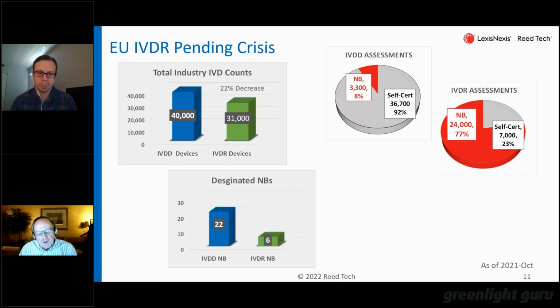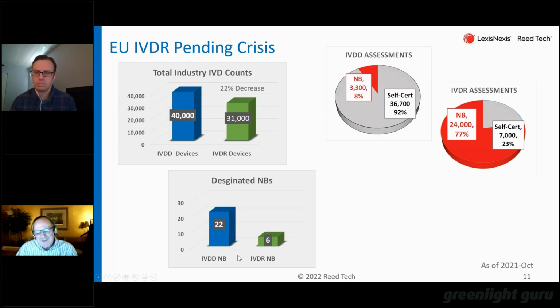The other concern was that the number of notified bodies being designated, basically those that meet the criteria to perform those evaluations, was coming on very slowly. There were 22 notified bodies that were able to evaluate and provide certificates under the directive, but that ground to a halt.